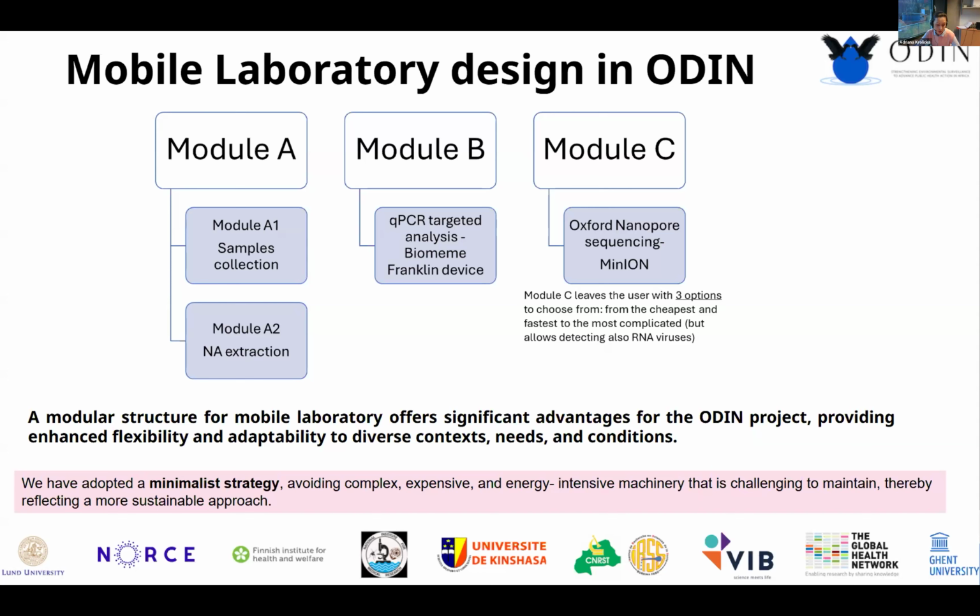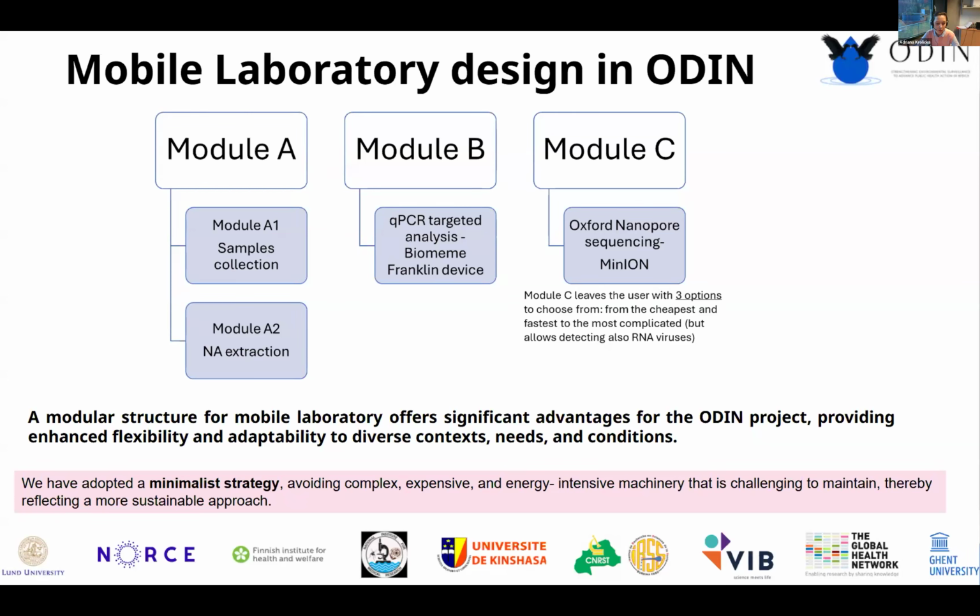This approach for the mobile lab that we have applied allows for efficient resource allocation, as modules can be deployed only when and where they are needed. Furthermore, the ability to quickly reconfigure and upgrade individual modules expands the lifespan of the mobile laboratories.